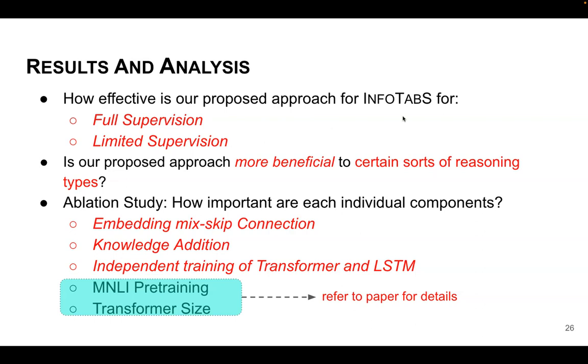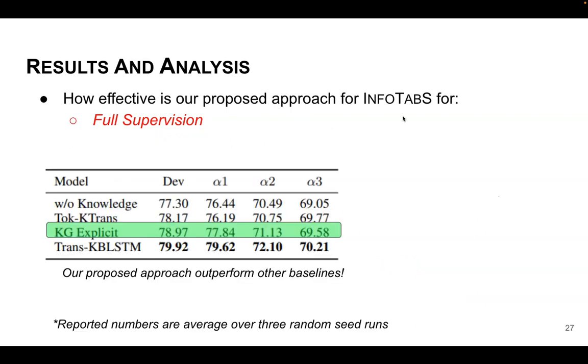We also see the difference between joint and independent training. So BiLSTM is encoding the knowledge and the transformer is encoding the premise and hypothesis, so is independent training good, or is joint training beneficial? We also have some experiments on MLM training and transformer size, but you can look at the paper for more detail on this.